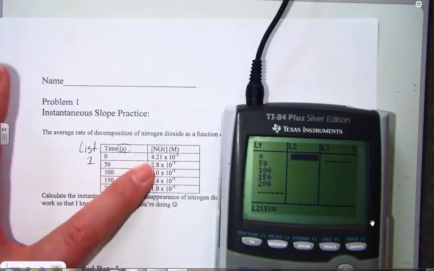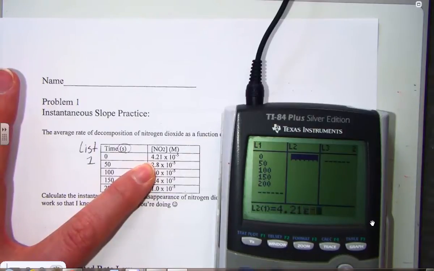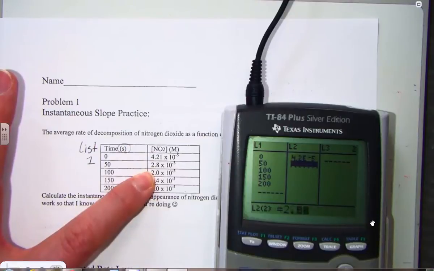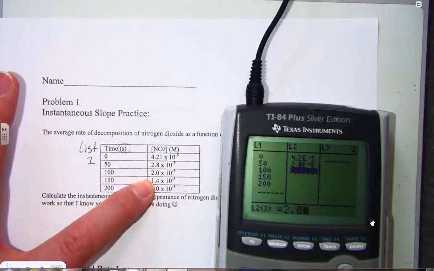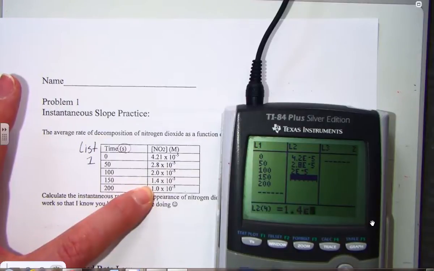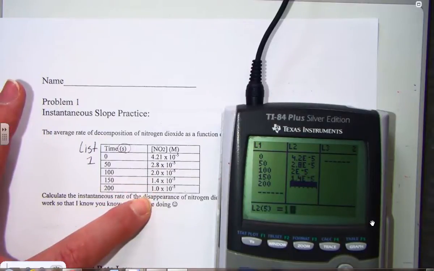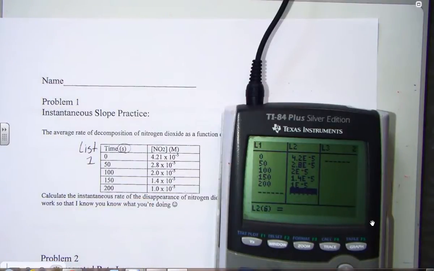Into your list 2, type in the concentrations, NO2, as time goes by. 4.21 E negative 5, 2.8 E negative 5, 2.0 E negative 5, 1.4, and 1, all to the exponent of negative 5. And we have a matching concentration with the number of units of time.